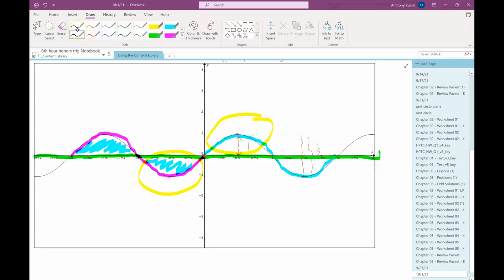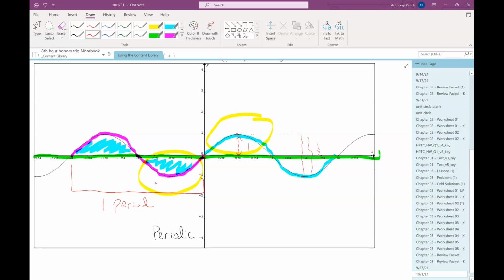Graphs that have this kind of repeating behavior we call periodic, and we say the length of one of these non-repeating sections is one period. So in this case, going from negative 2 pi to 0, that's my horizontal length, is just 2 pi. That's how long that period is.